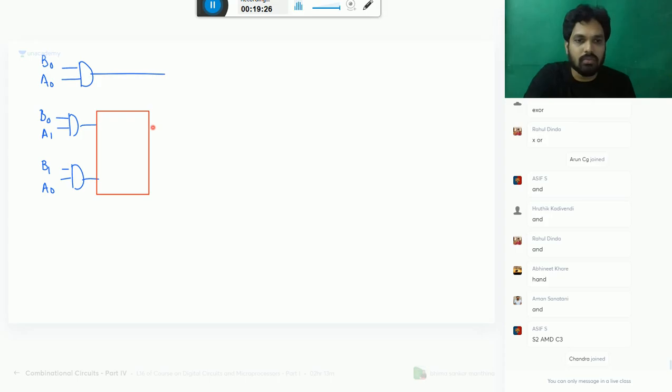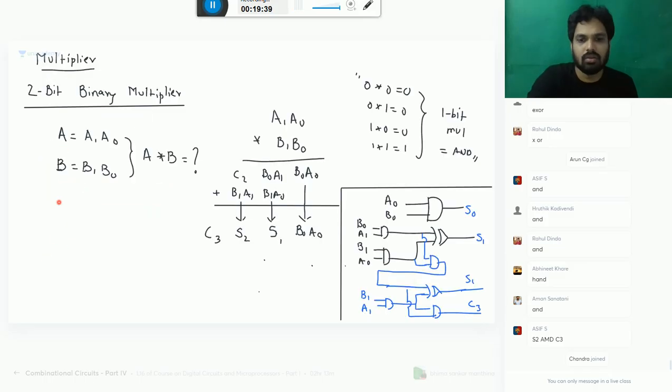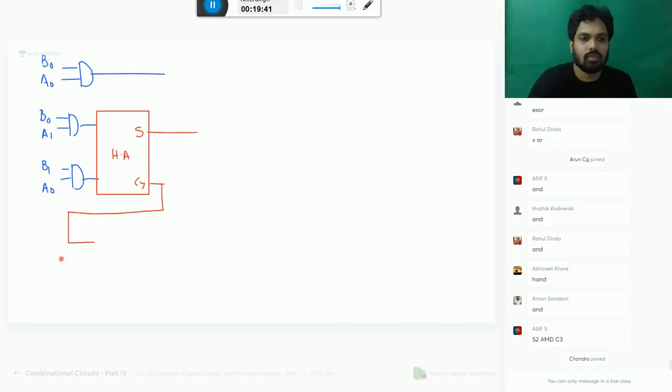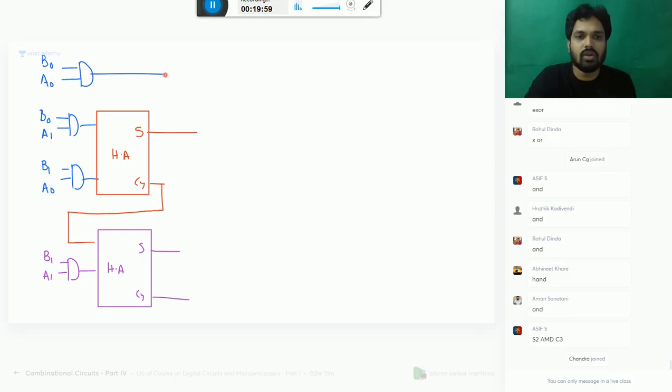It will give you sum and carry. Again B1 A1. This is another half adder, sum and carry. So this is your S0, S1, S2, S3.